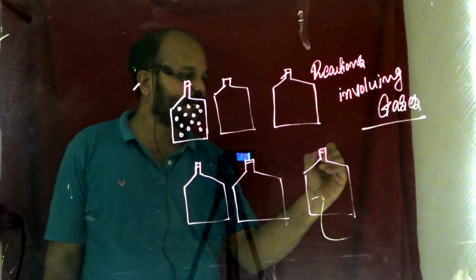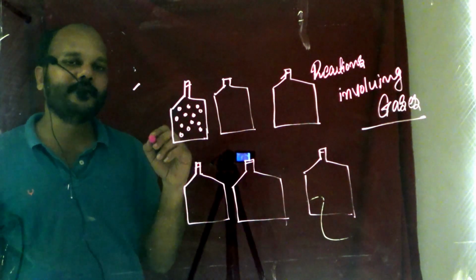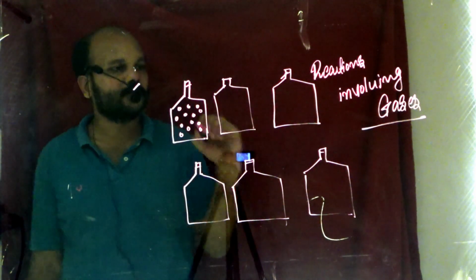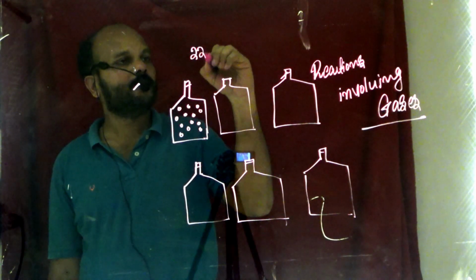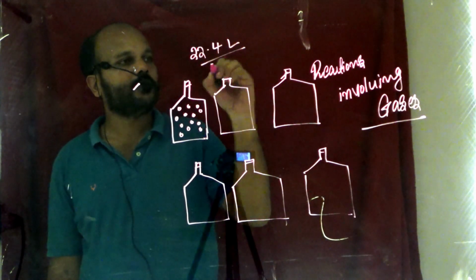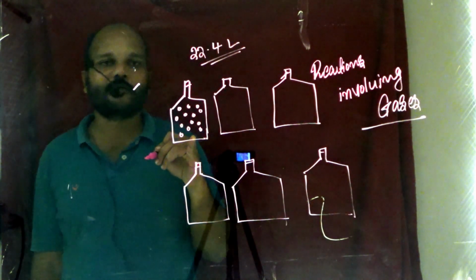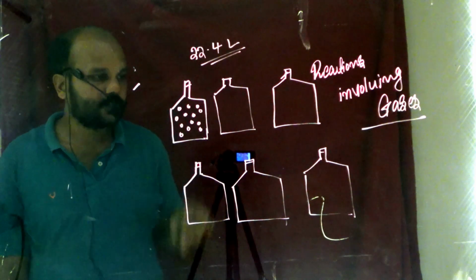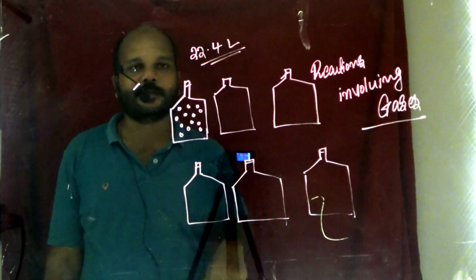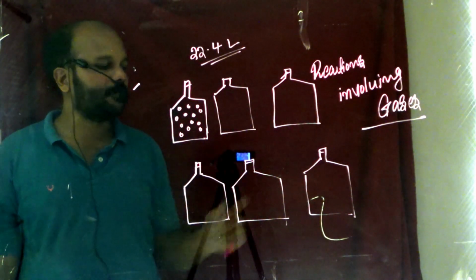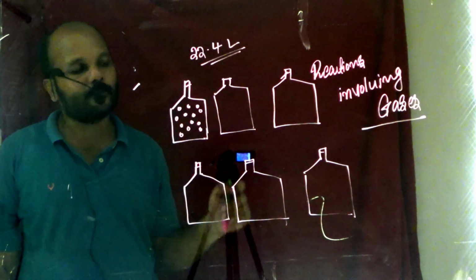Suppose in each of these beakers the volume is 22.4 liter. So this jar is 22.4 liter, this one 22.4, and this one also 22.4.